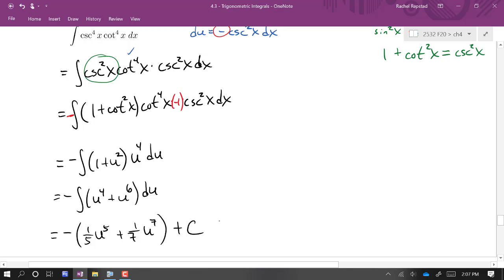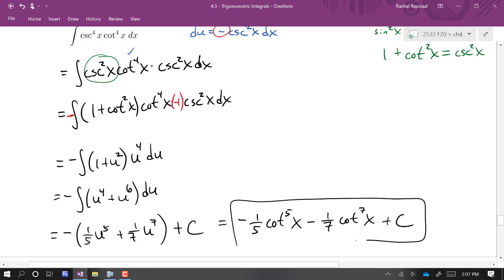Now all that's left to do is to put cotan x back in for u, and I'm also going to distribute that negative. So we get a minus 1/5 cotan to the fifth of x minus 1/7 cotan to the seventh of x plus a constant. And there's our integral.